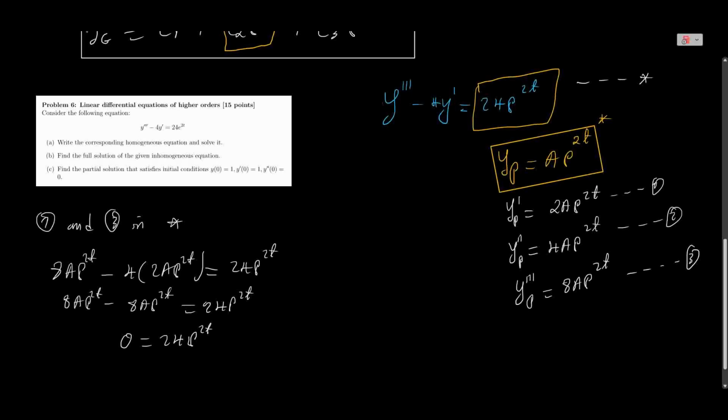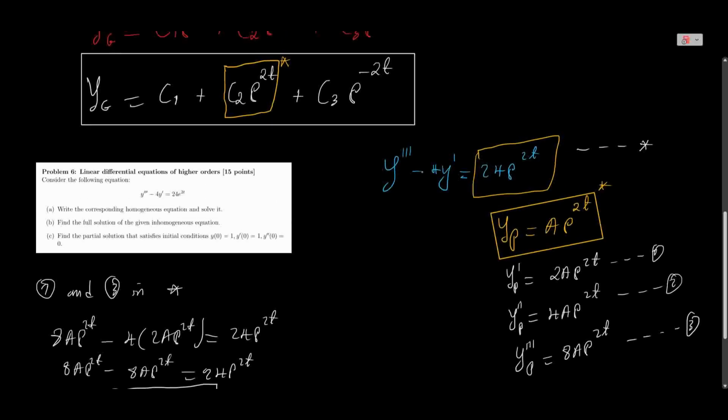Now this is not correct. This is not true. Once this happens, you have to know that this particular solution is not the correct particular solution for our inhomogeneous equation. As I said earlier, since this particular solution is part of our complementary solution, it's not going to be the correct particular solution.